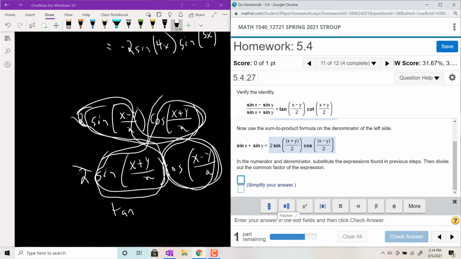So anyhow, I'm not sure how they want me to simplify this. Just divide out the common factor. The only common factor is 2.